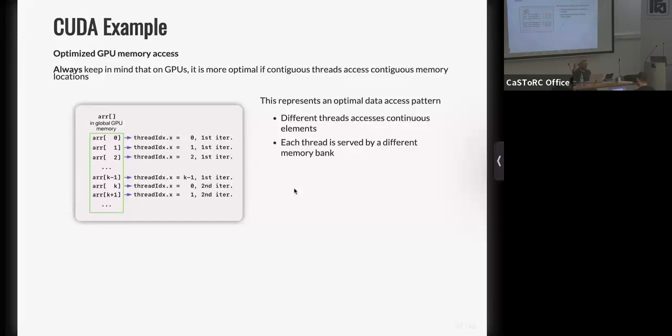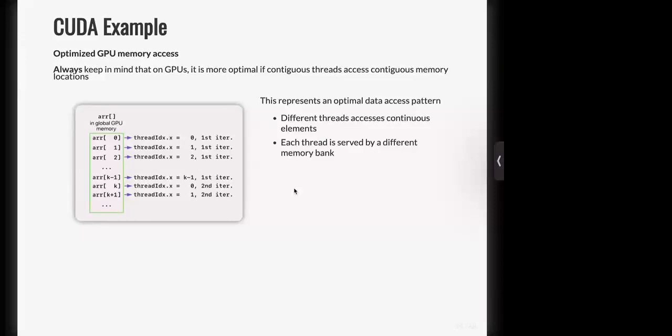But basically, it's the layout of these banks, which are used in hardware to access the memory. Each bank serves a different thread, and each bank is continuous in memory, so it's more optimal if you have different threads accessing adjacent parts of the memory.